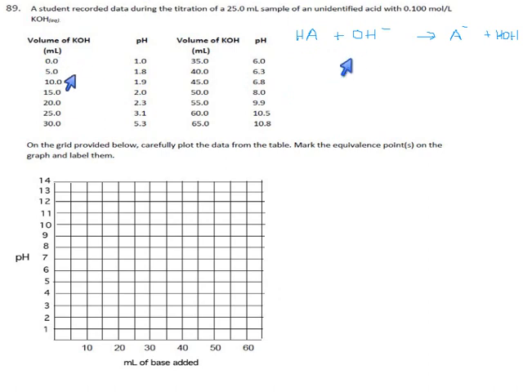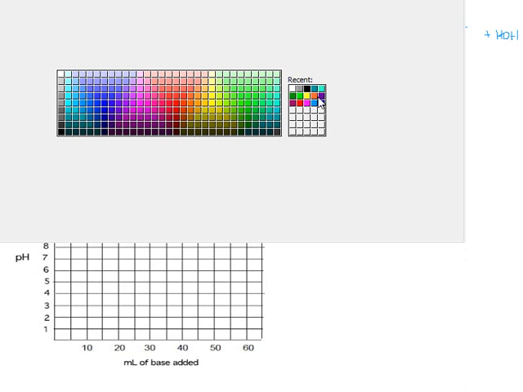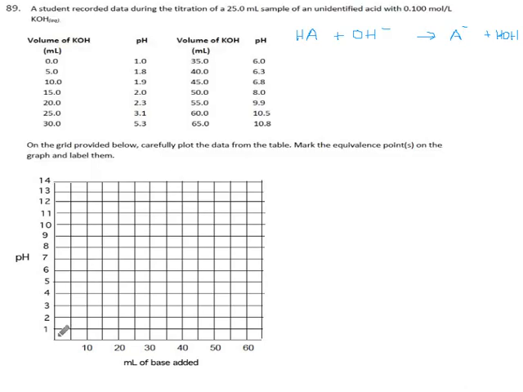So what does our pH curve look like? When we've added nothing, we're at pH 1. 5 mils added, we're up to 1.8. 10 mils, 1.9. 15 mil, we're up to 2.